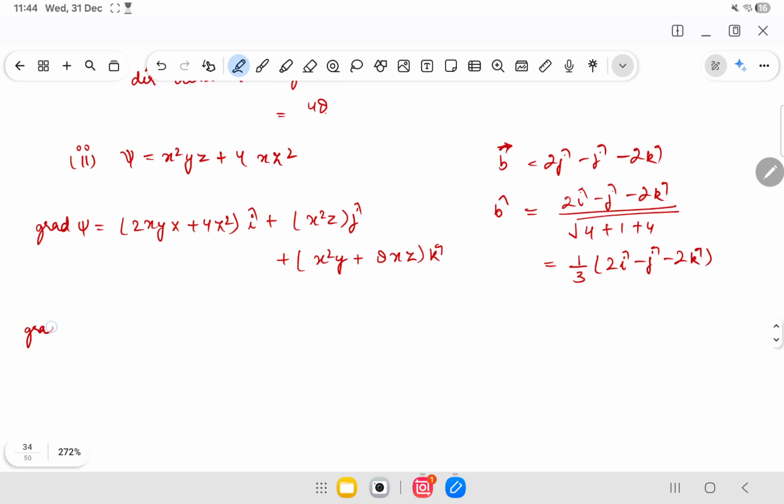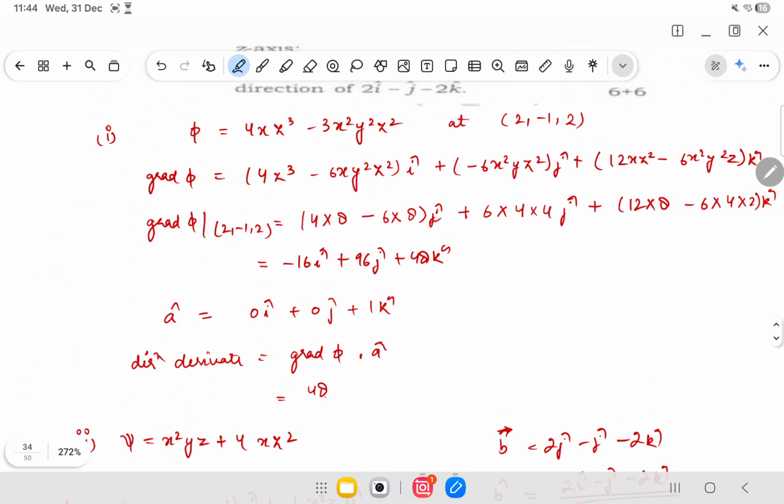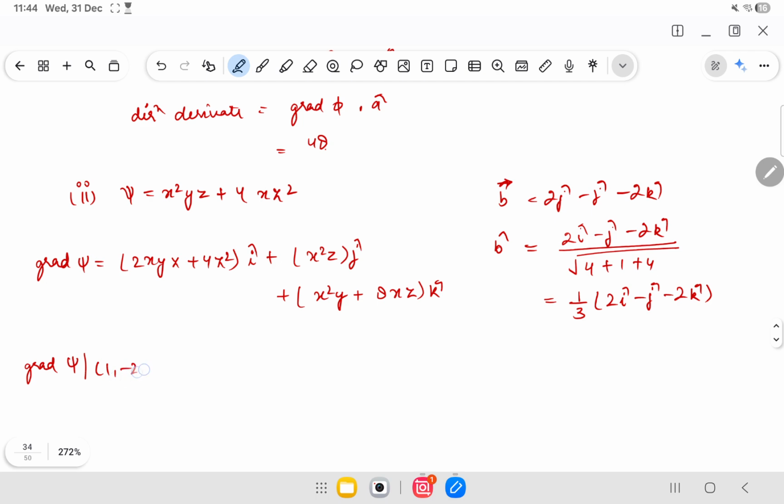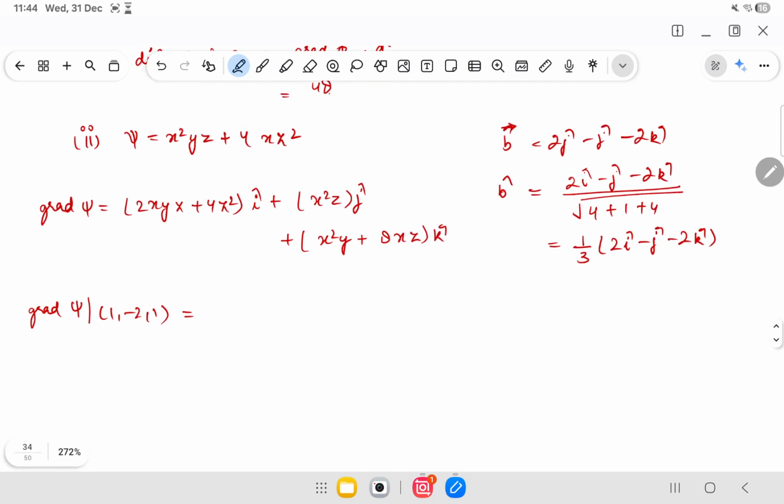So grad psi at point 1, minus 2, 1 will be equal to (minus 4 plus 4) I cap plus 1 j cap plus (minus 2 plus 8) k cap, which is basically 0 I cap plus j cap plus 6 k cap.